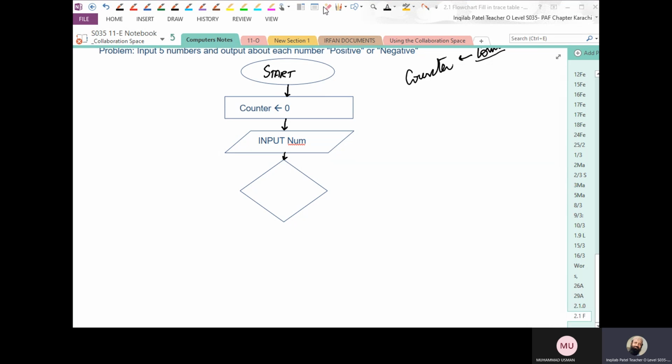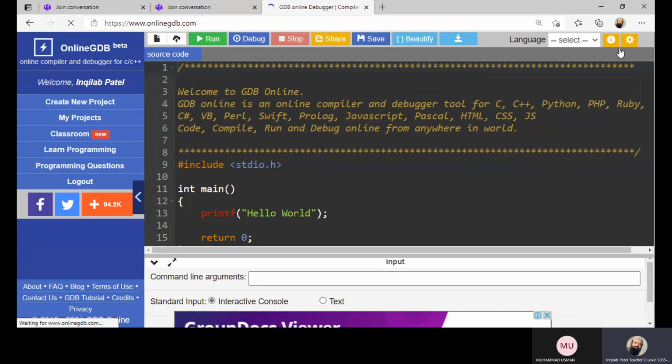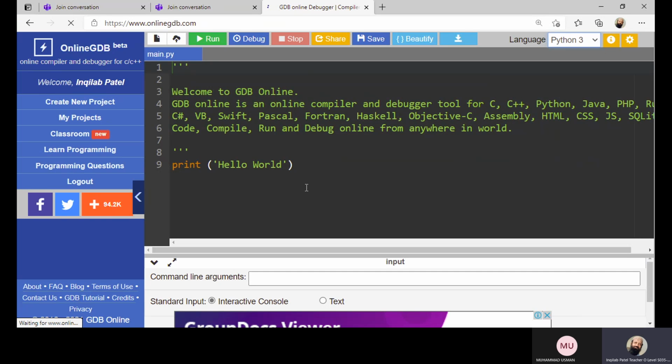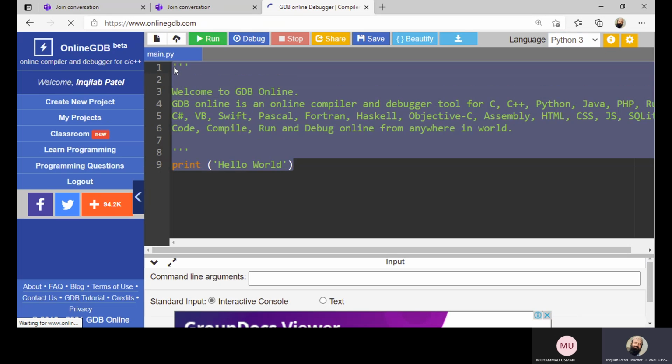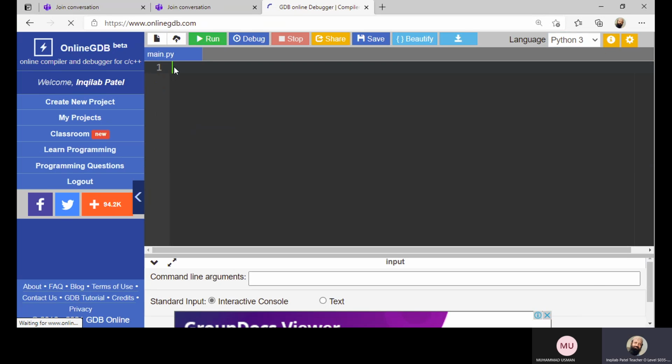For example, in Python. Right, this is our Python. I'm saying counter equals to counter plus 1.